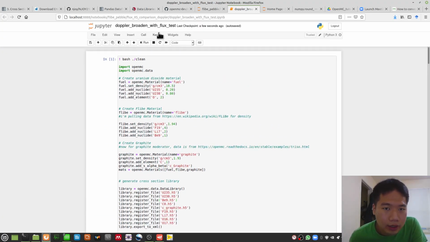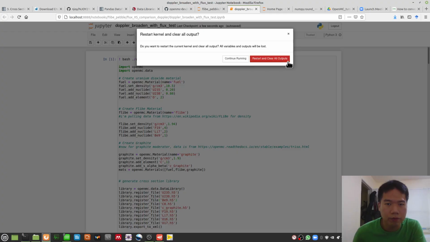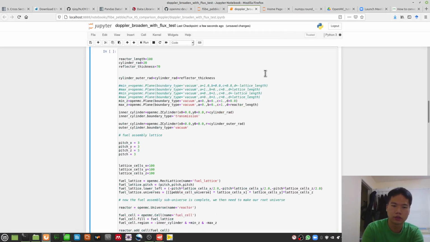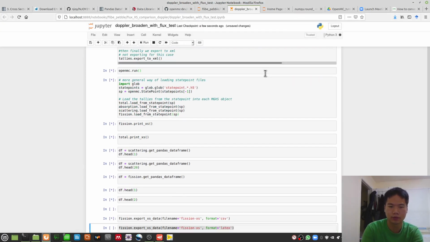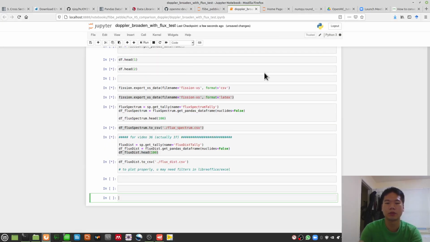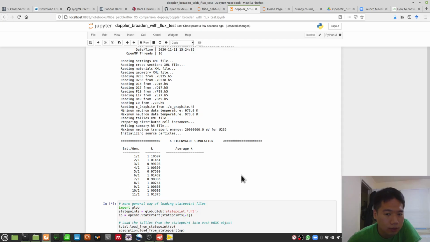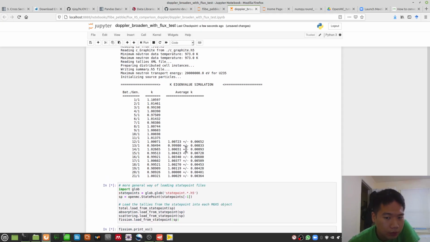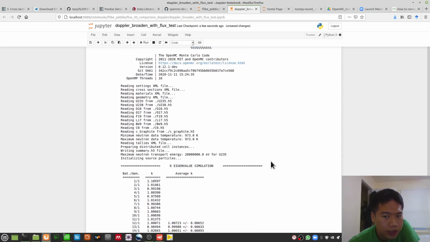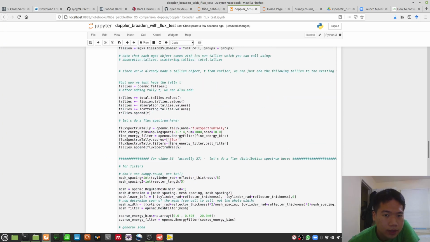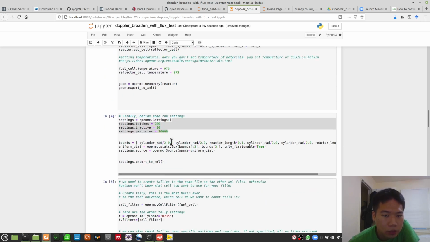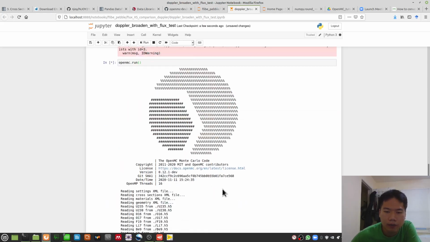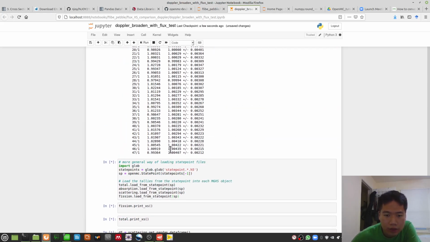Let's try some temperature feedback thing now. I'm not optimizing this for anything, but I'm just wanting to look at the feedback. So you look at this, when it goes to 973 Kelvin, when I change both fuel and reflector temperature to that much, look at the K effective.